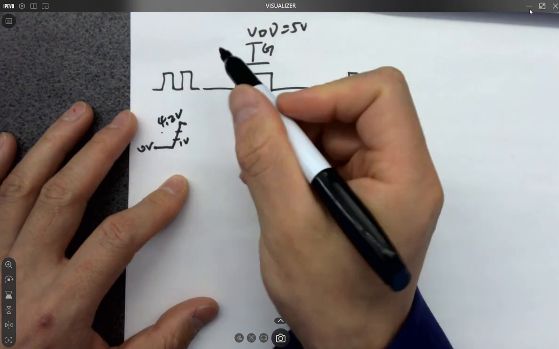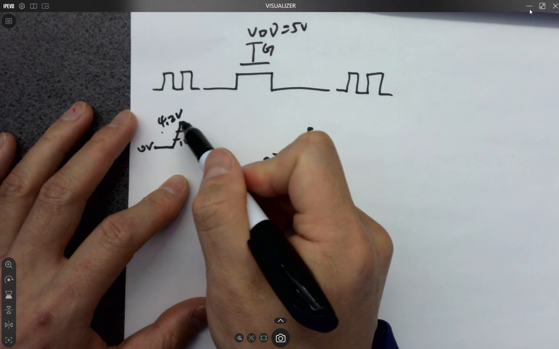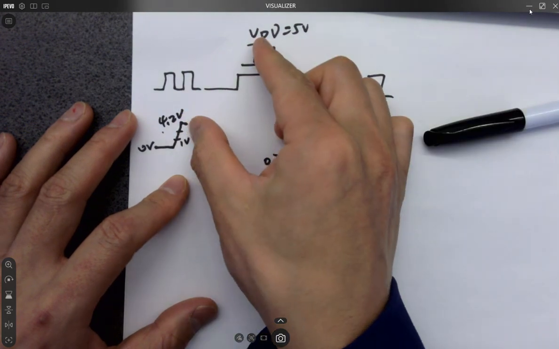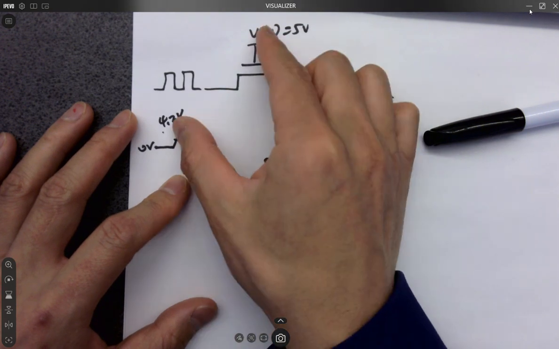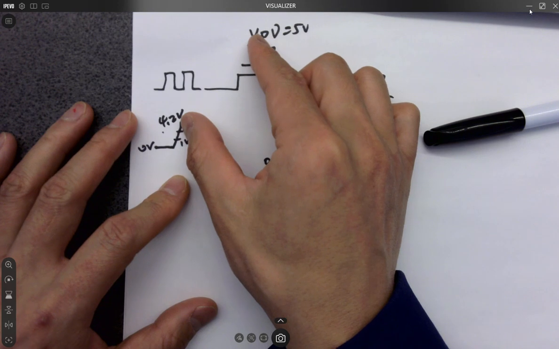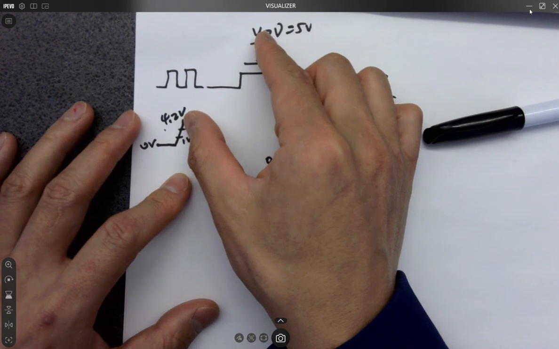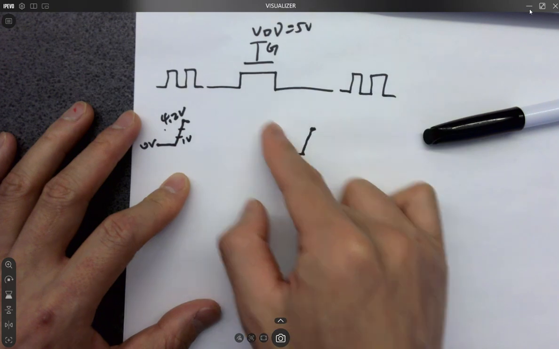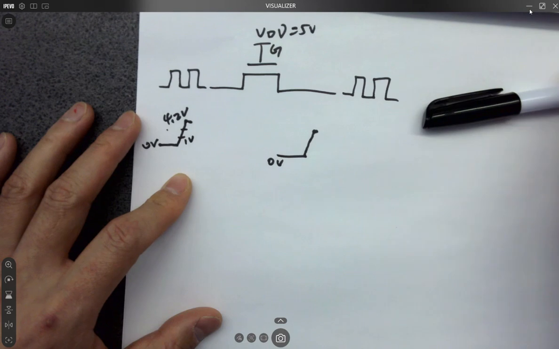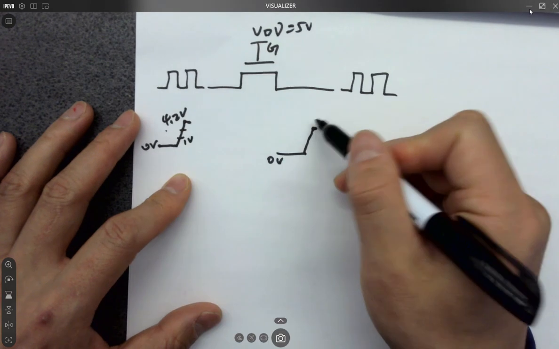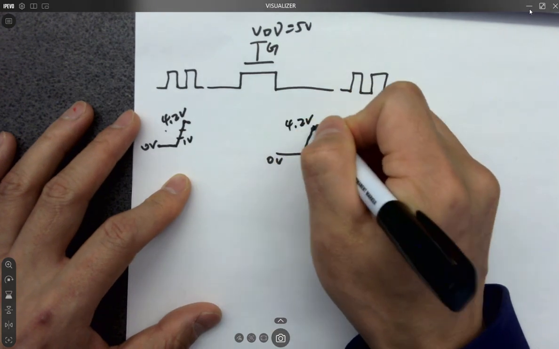Why? Because whenever this reaches 4.2, the VGS here becomes what? 0.8. If it keeps rising, it's going to keep shrinking that difference. So whenever it's smaller than 0.8, this one's shut off. Nothing can pass anymore. So eventually it can pass until 4.2 volts.